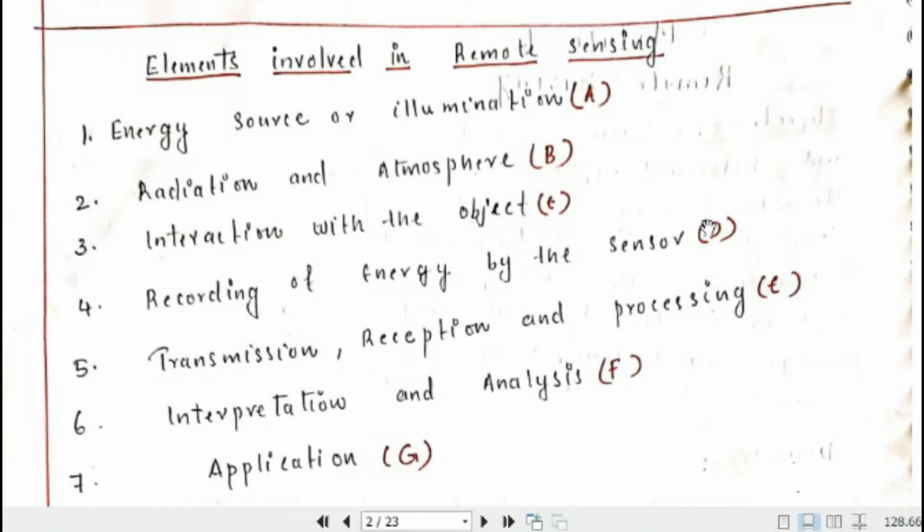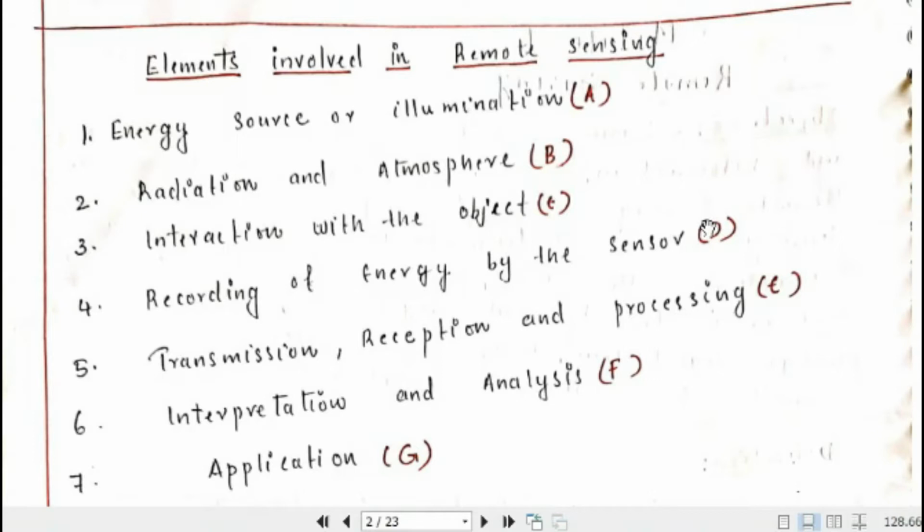But during the night hours also the sensors are capturing the information about the earth's surface. This is through the artificial light which is produced by the sensors itself. If the light energy is produced by the sensors itself, that remote sensing is called active remote sensing.